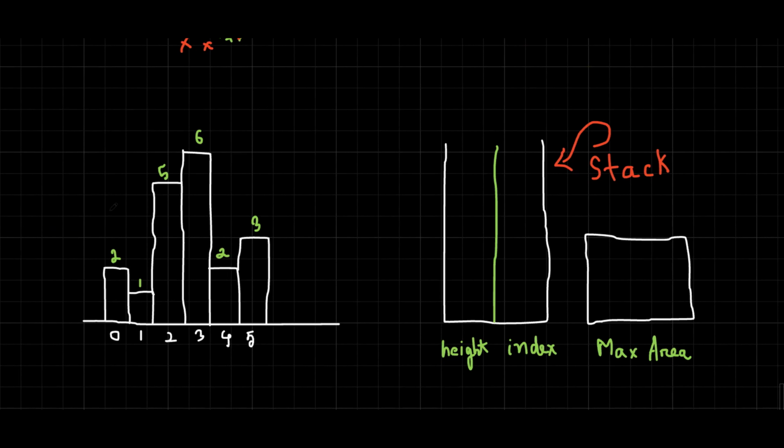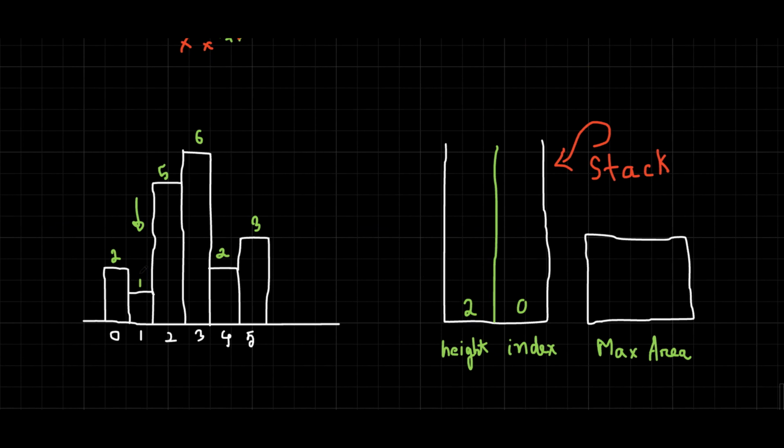Now, currently, suppose we are at this position, which has the height 2. So here, we have to add the height 2 along with the index number, which is 0. Okay. Now, we are at this element where the height is 1. But wait, we have to check whether the top element of the stack is greater than this current element or not. So here we can see that the top element of the stack has the height of 2 and our current element height is 1.